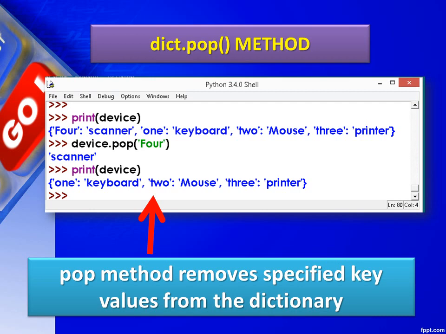Key 4 contains scanner. When I use device.pop(4), it will display scanner. Again I print device. It does not contain the key 4. It will show only the 3 values, 1, 2 and 3, that contain keyboard, mouse and printer, and remove the key 4 value, that is scanner.